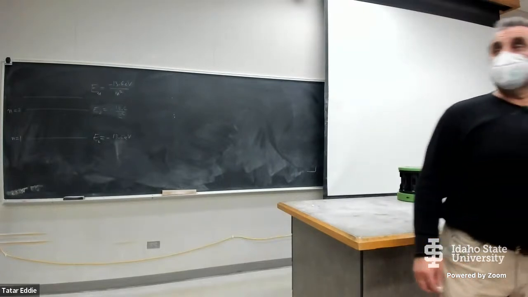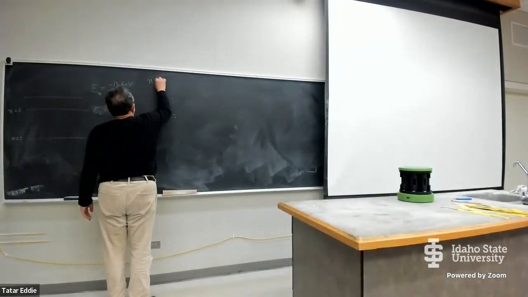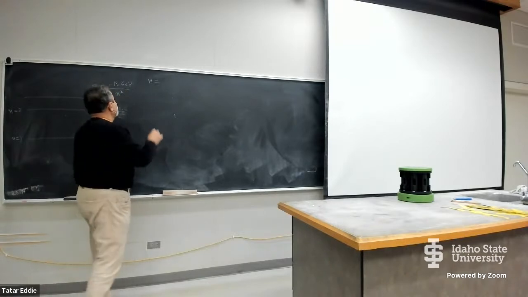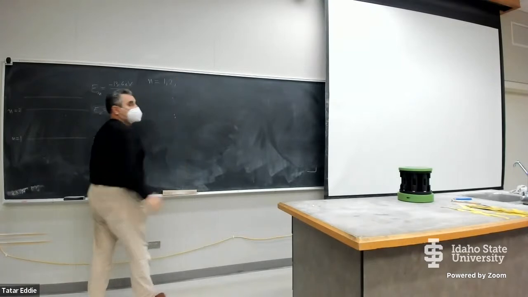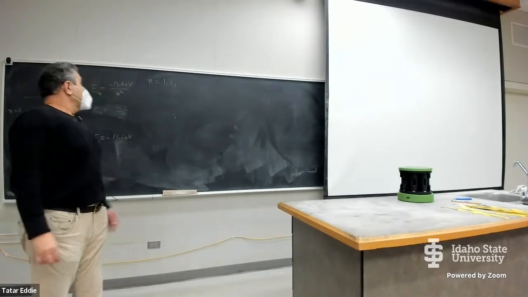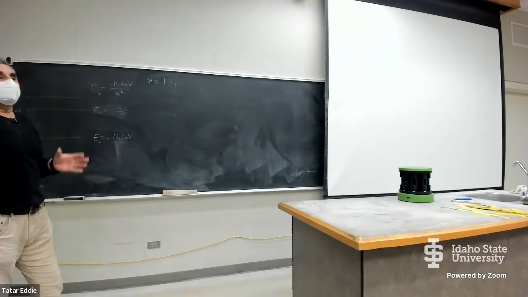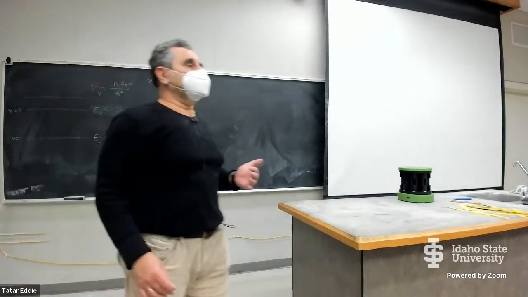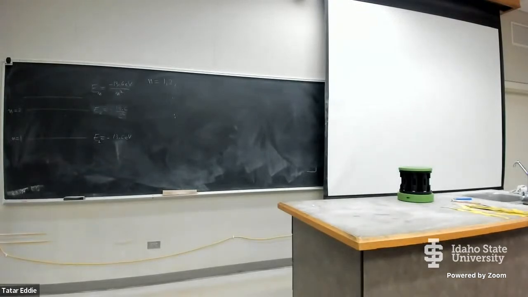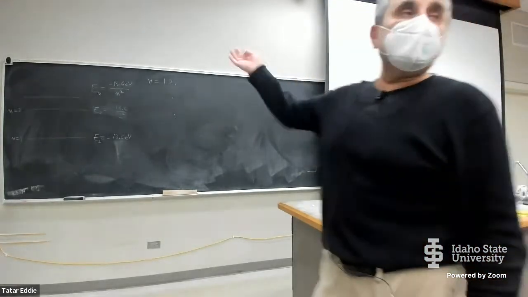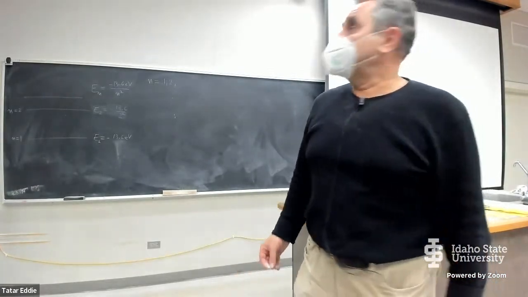And those four numbers are the principal quantum number n, and that number is integer 1, 2, 3, or so on. The principal quantum number gives you almost exactly the energy of an electron in an atom. For the case of hydrogen, it gives you exactly the energy levels, or pretty much almost exactly.